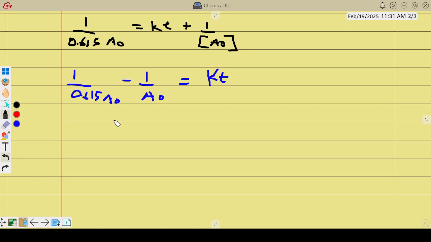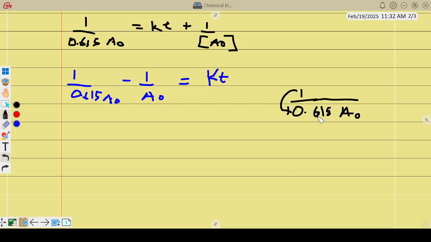So we have 1 over 0.615 A naught. This is all the denominator, so we're going to divide this by that. On your calculator, say 1 divided by that.